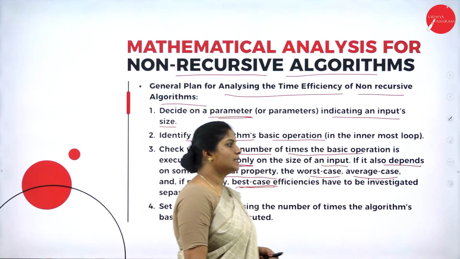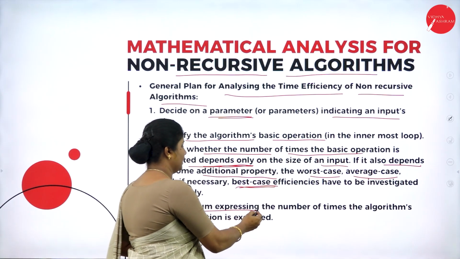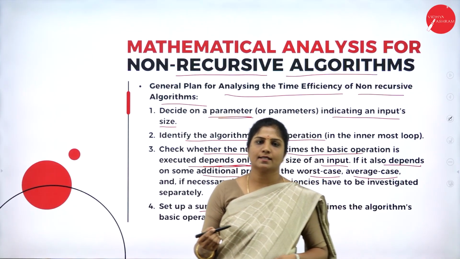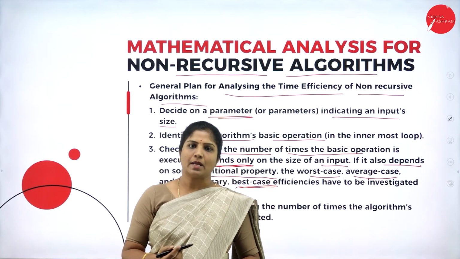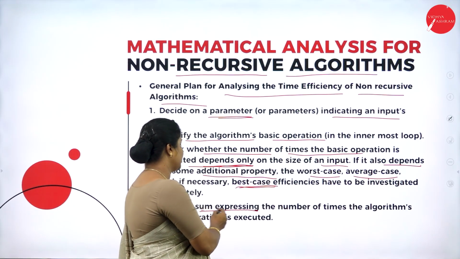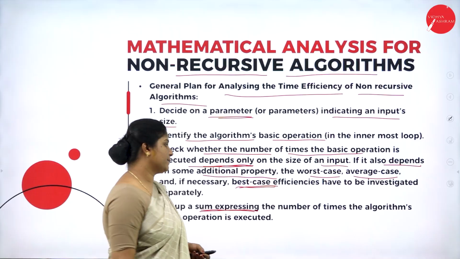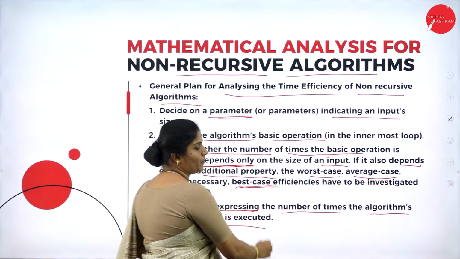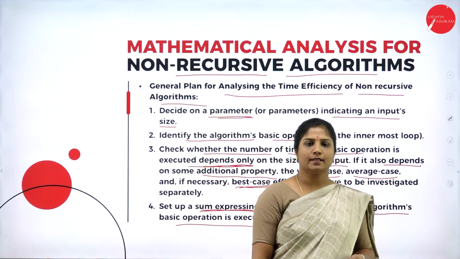Next, we set up a sum expressing the number of times the algorithm's basic operation is executed. So after calculating the basic operations, how many times they are executed in the program, next we need to set up the sum.